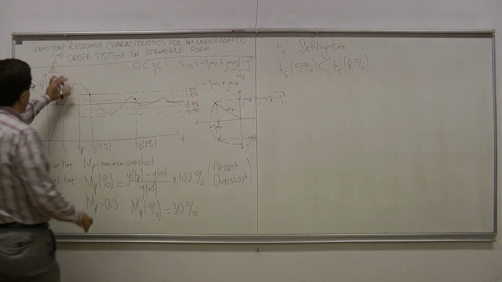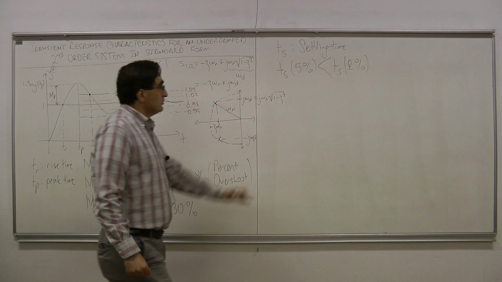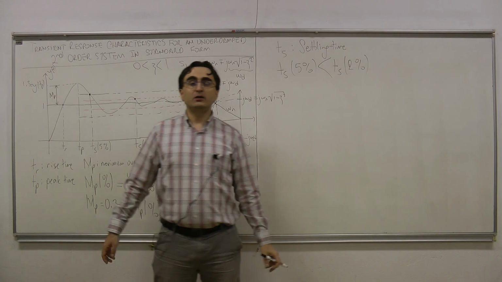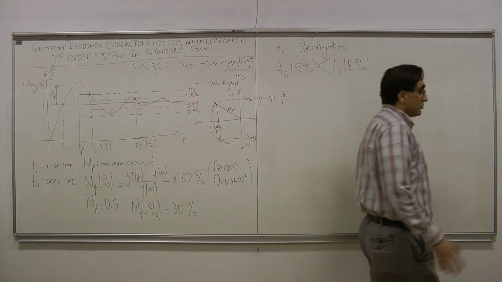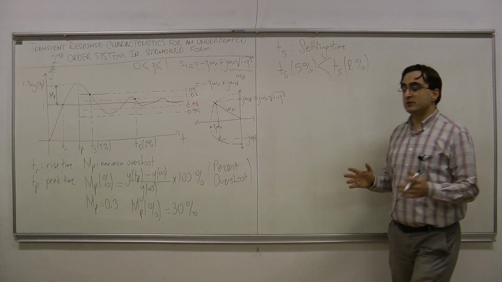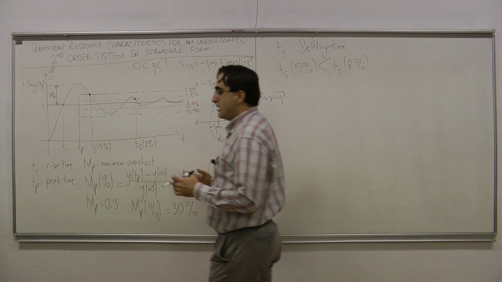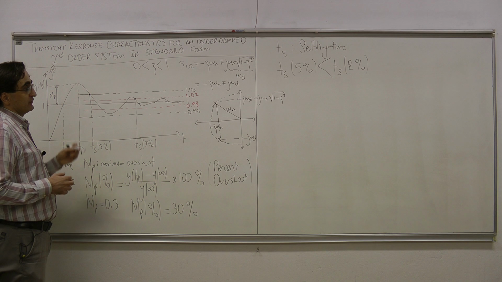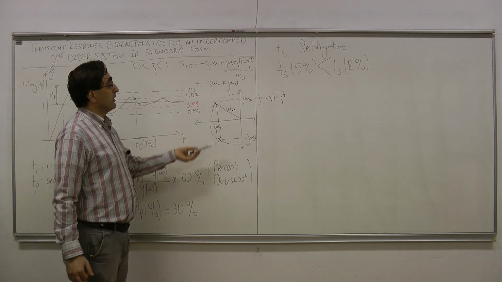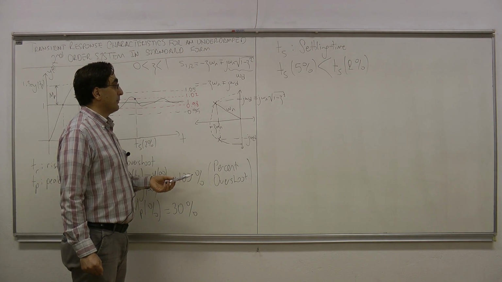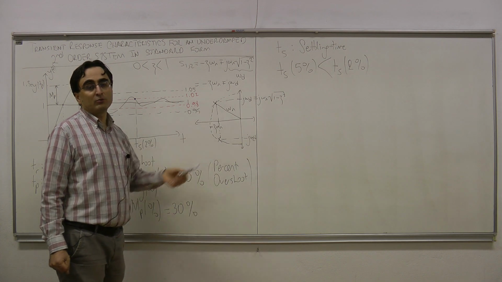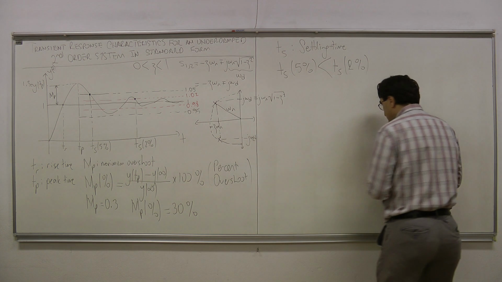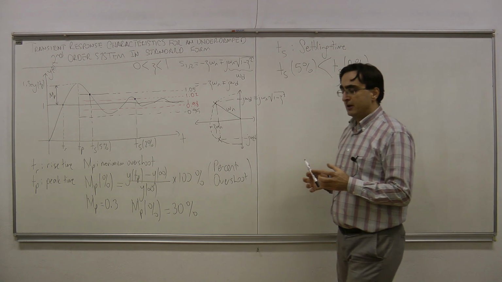Okay? So we want maximum overshoot to be small, settling time to be small, and rise time to be small. We are going to place these requirements onto our control systems, and without even thinking about the time functions, we are going to achieve them in the Laplace domain by adjusting our pole locations. That is the good thing about using Laplace transforms.